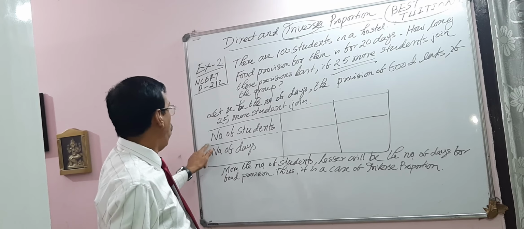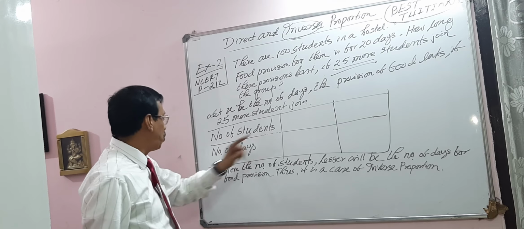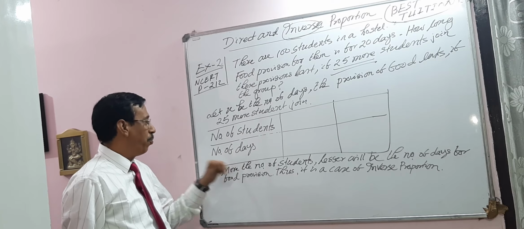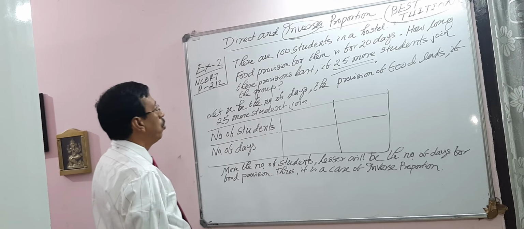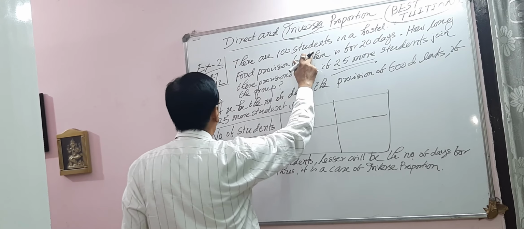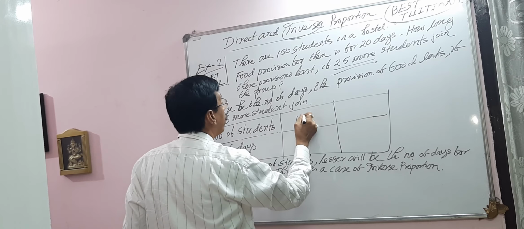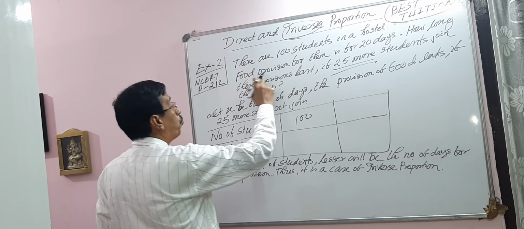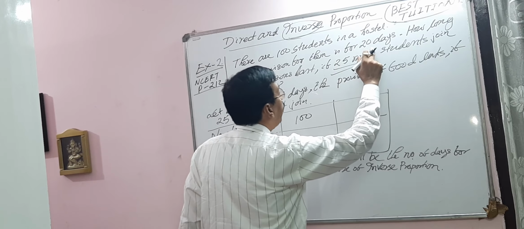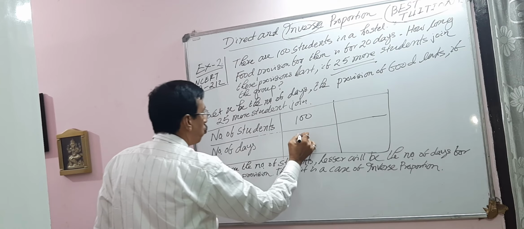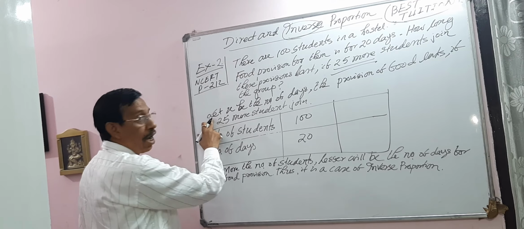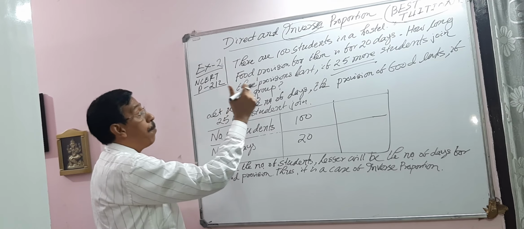What I have written: number of students, number of days. Clear? Now see, what is the number of students in the first case? That is 100. Food provision lasts for how many days? Number of days is 20. Here, let x be the number of days.